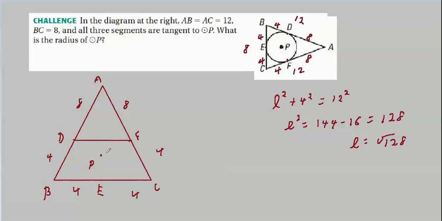Just remember that from here to here, in fact I'll draw that in, even without drawing the circle, we know that this is the radius. Here's the center of the circle. And D and F are the points of tangency, right where the circle touches the triangle. So this point right here was on the circle also, and so was point E. This right here was on the circle, and so was this. Other than that, we don't need to draw the circle.